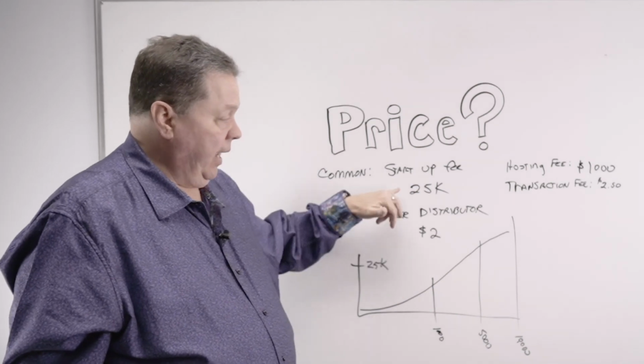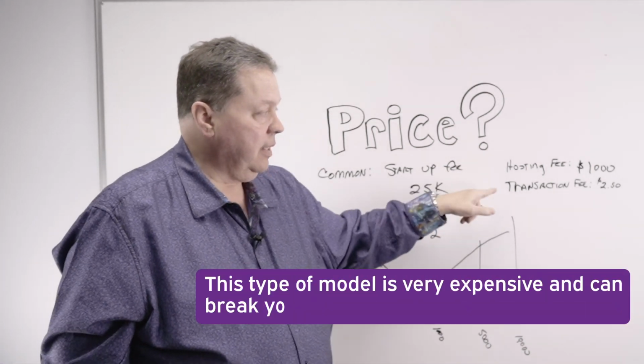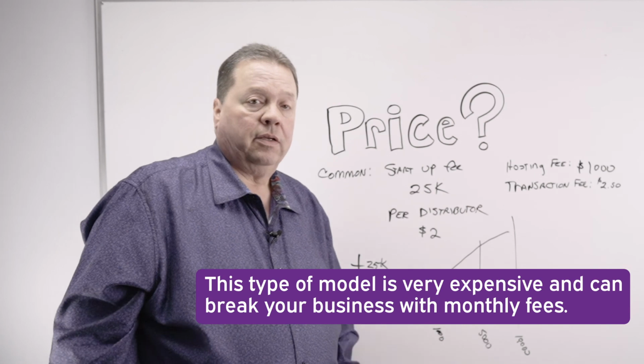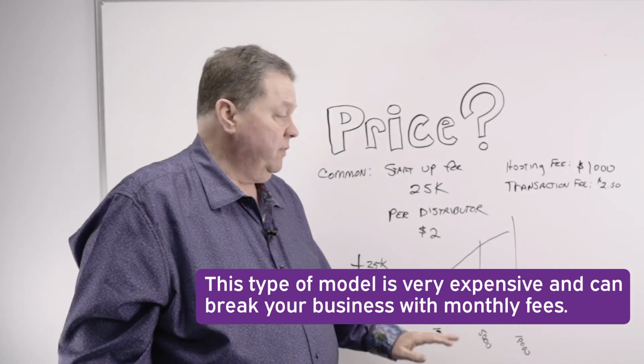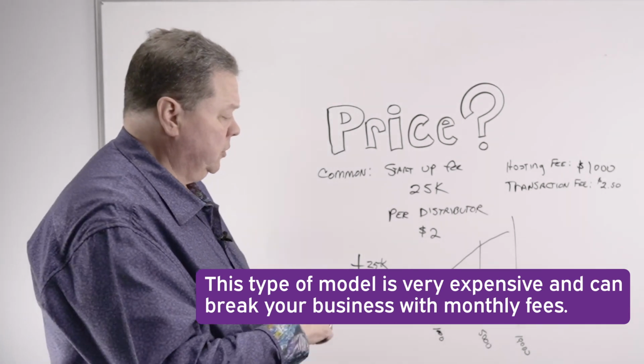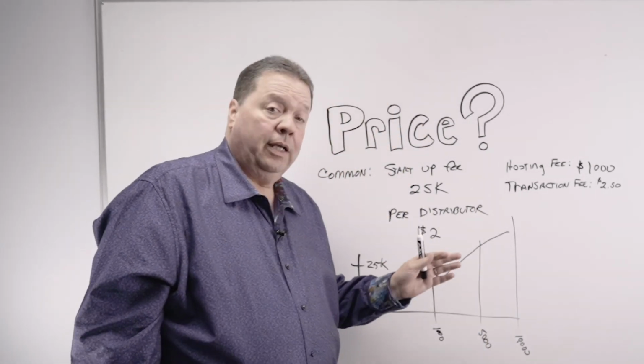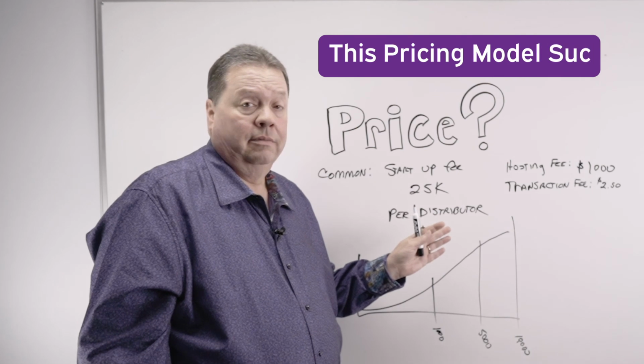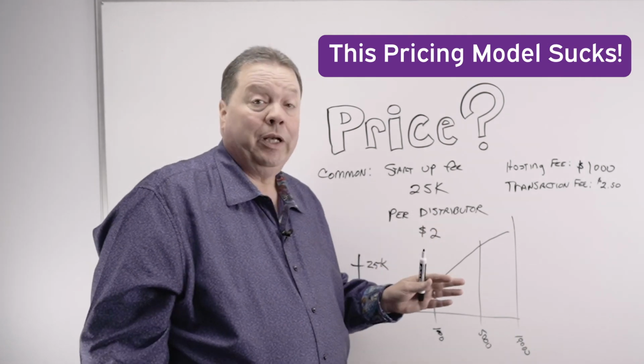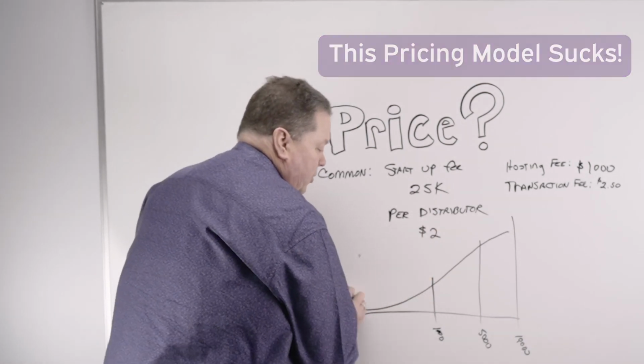You may end up paying $5,000, $6,000 a month. It's a very expensive model. So what's the alternative? Because I know what you're all thinking right now: this sucks. I agree with you. That's why we don't do it. So let's get to some other models.